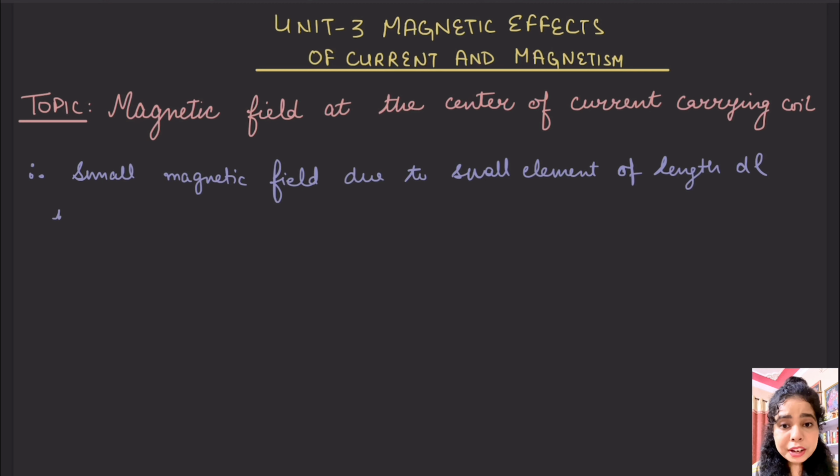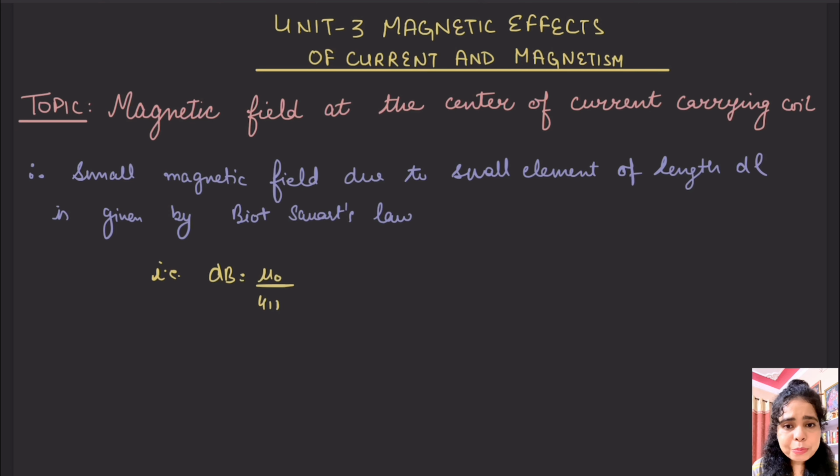In order to find the magnetic field at the center due to this small element, we will apply the Biot-Savart law. According to the Biot-Savart law, we have dB equal to mu naught upon 4 pi, Idl sine theta upon r square. So let us write the expression for it.